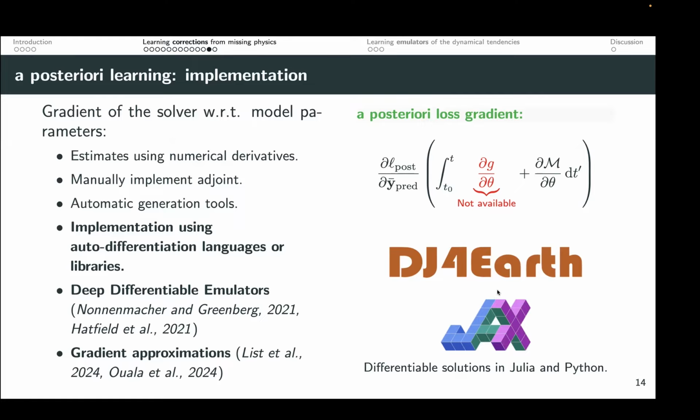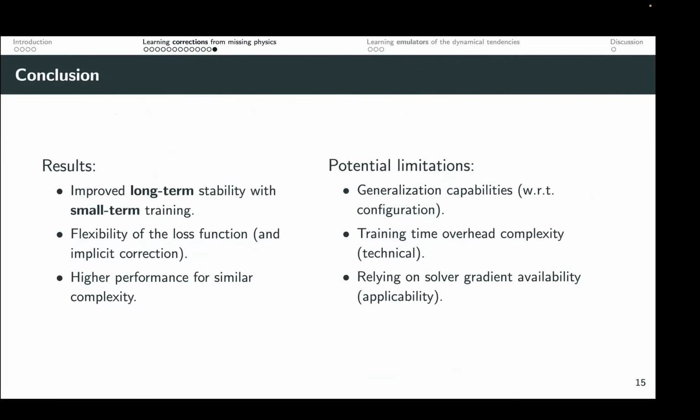For example, there's this DJ for Earth project in Julia, where they have implemented a differentiable ocean model and a differentiable atmosphere model also. And there's a few different methods also to approximate the gradient, so using deep differentiable emulators or using different approximations. There's a paper by List and a paper by Said that do that.